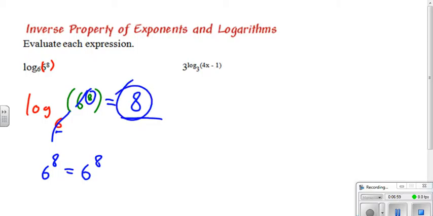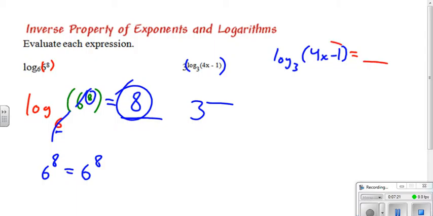How about this one? What this is saying is 3 to some power. We don't know exactly what that power is, but let's look at just this part here: log base 3 of 4x minus 1. What this piece is saying is 3 to something gives us 4x minus 1.